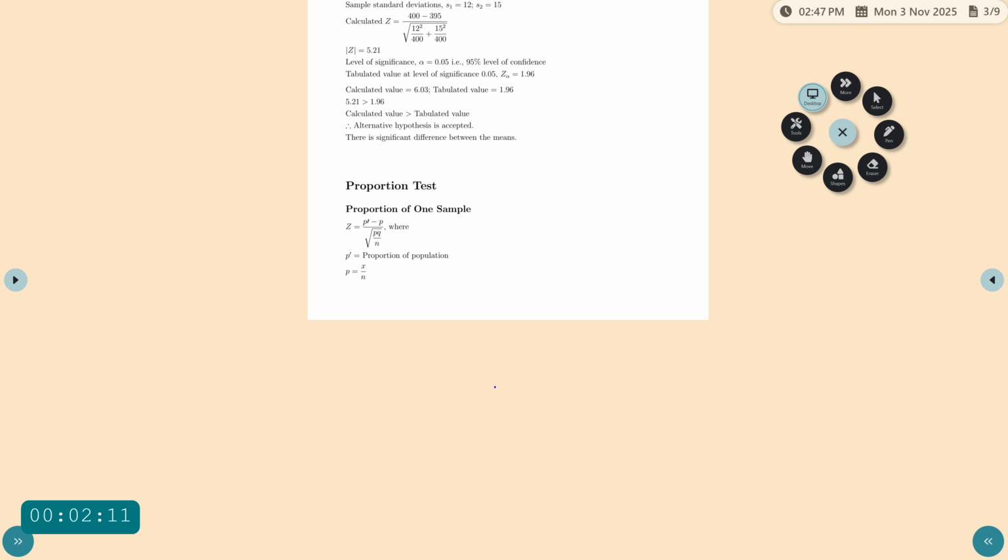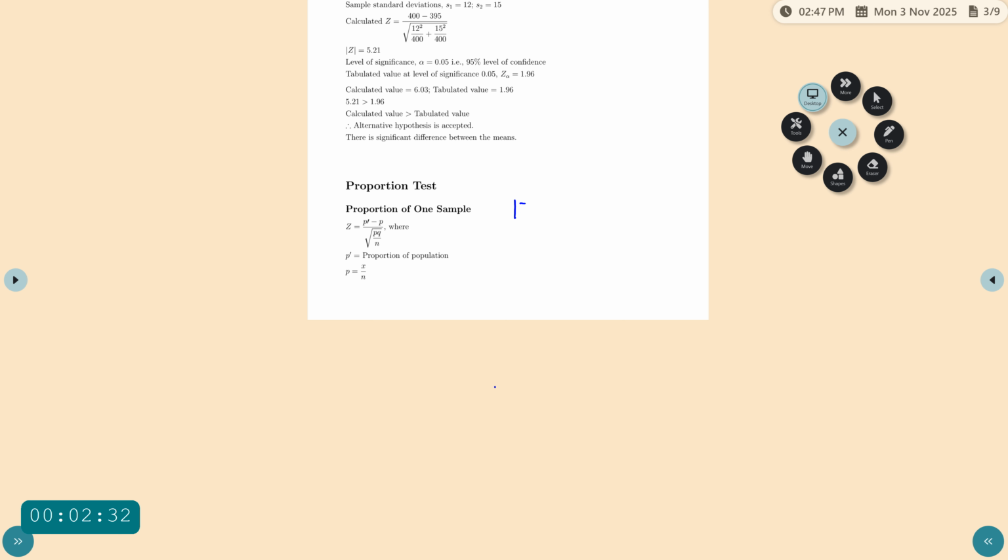The same way for proportion test, we would be given proportion of sample and proportion of population. We have to check whether the sample is taken from the particular population. This is what we are going to test under proportion test.